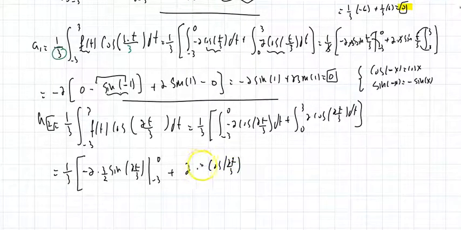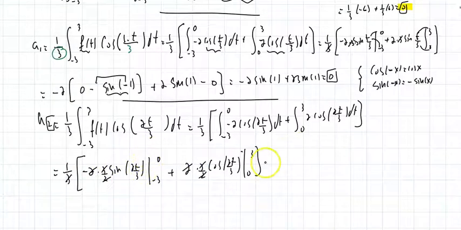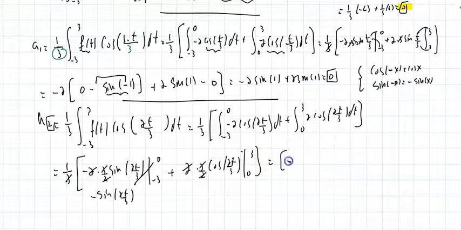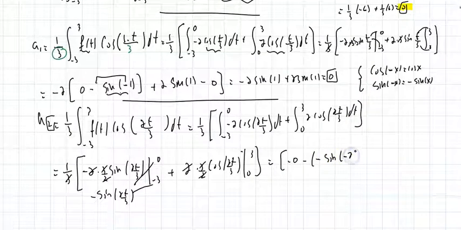When you divide by 2/3, that's multiplying by 3/2, evaluated from 0 to 3. And again, if you see that the 3's cancel out and the 2's cancel out, you make your life a lot easier. That's simply saying negative the sine of 2t divided by 3. Put the 0 in. That is negative 0 minus a negative. Put the negative 3 in. That would be the sine of negative 2.